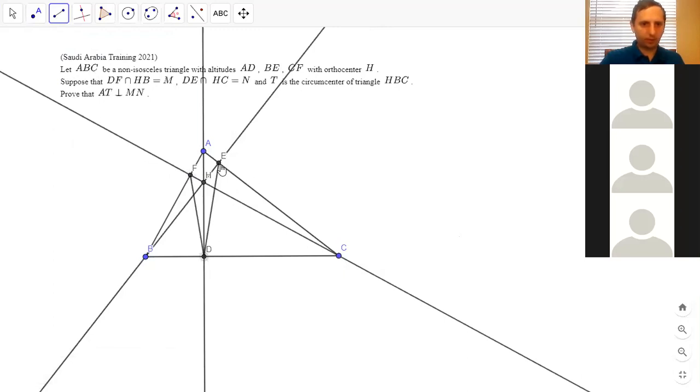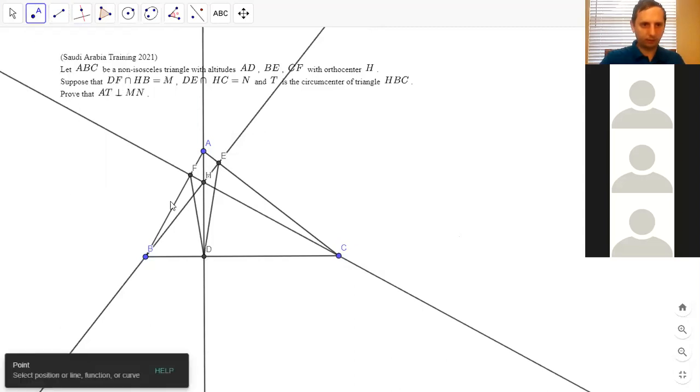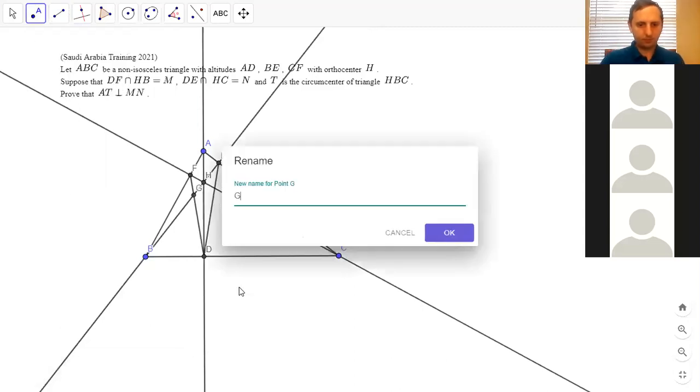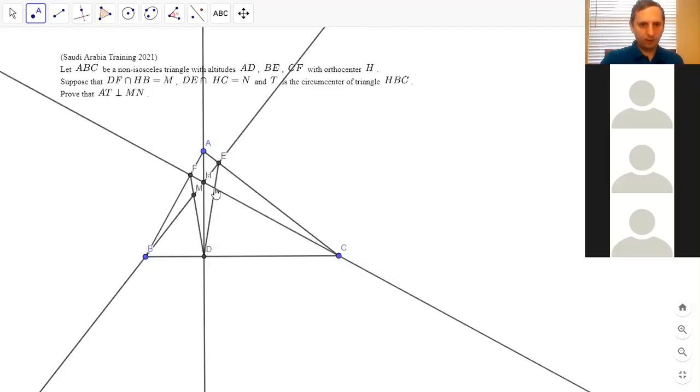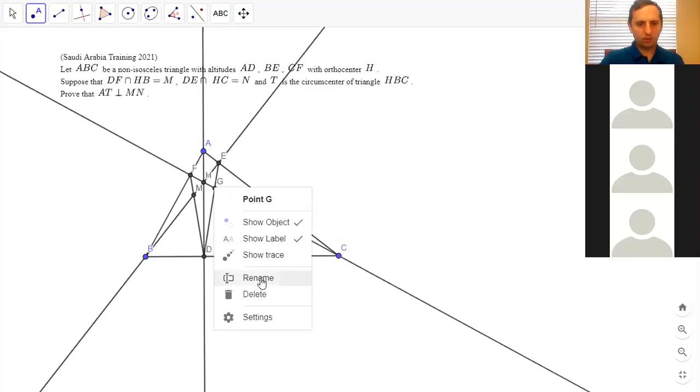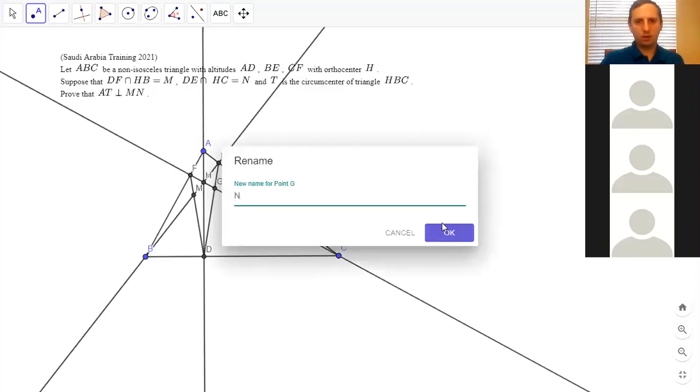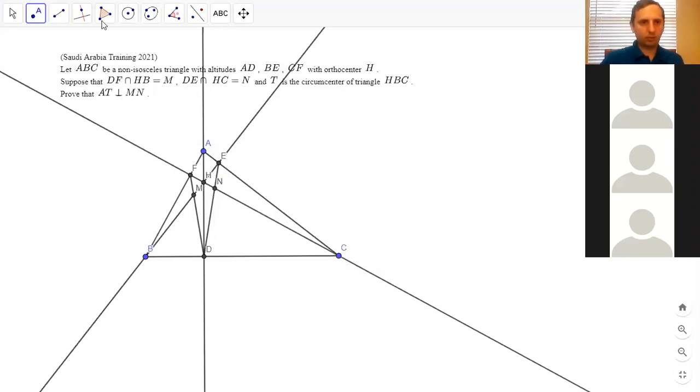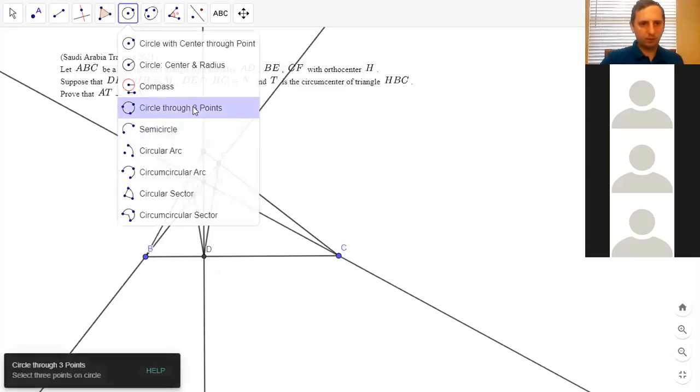I don't remember exactly. I think I might have done it too. So this is M. And this is N. And T is the circumcenter of HBC.